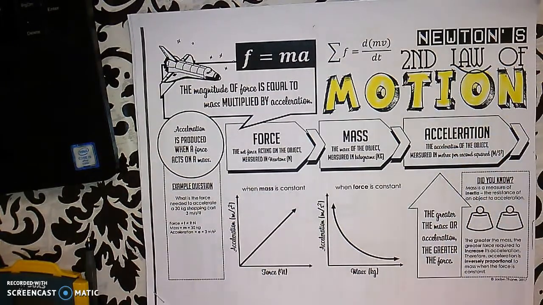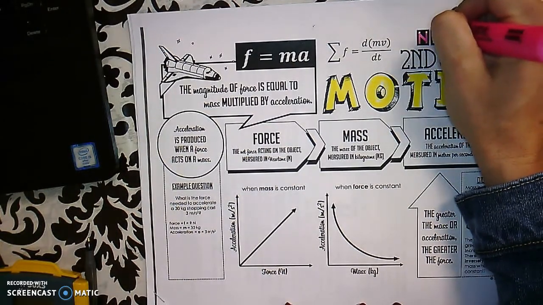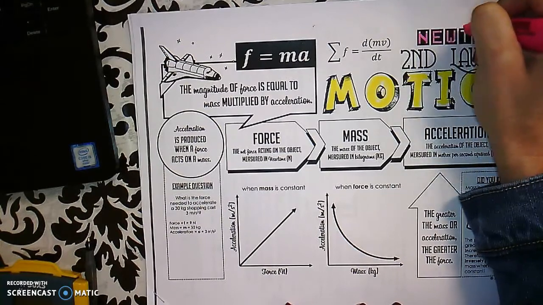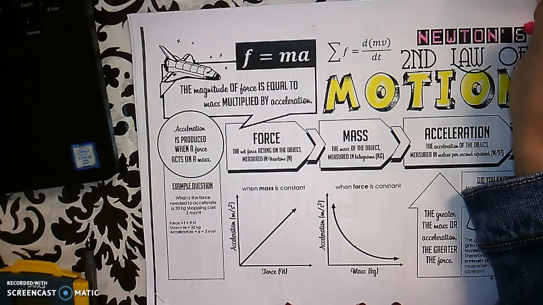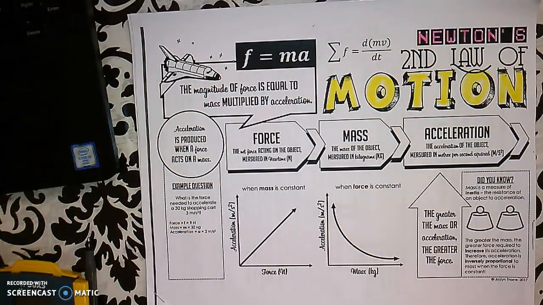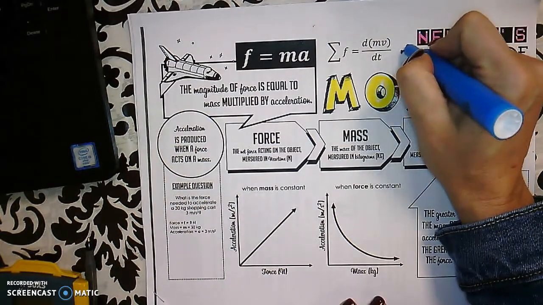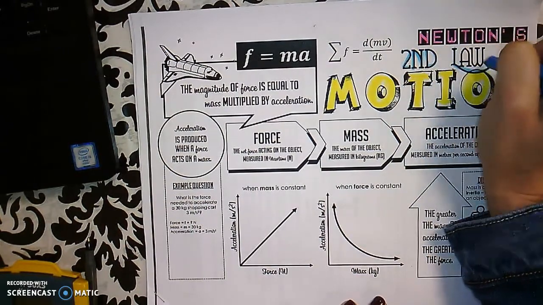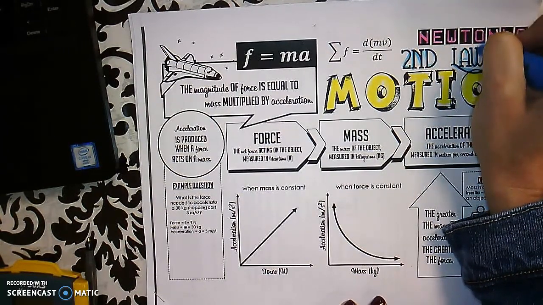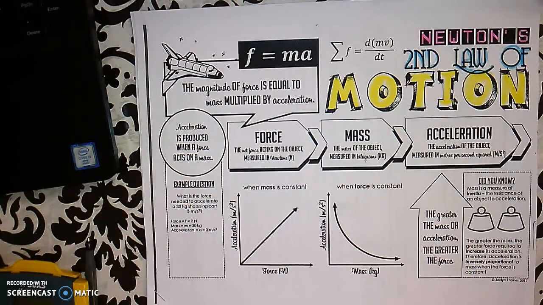Remember, as I'm doing this video, if at any point you need to pause the video to get caught up or to work a problem out on your own, and then check it yourself with the video, you can certainly do all of that. I'm just adding a little bit of color up here to make it look different than Newton's first law packet, and knowing that after this we have Newton's third law coming.